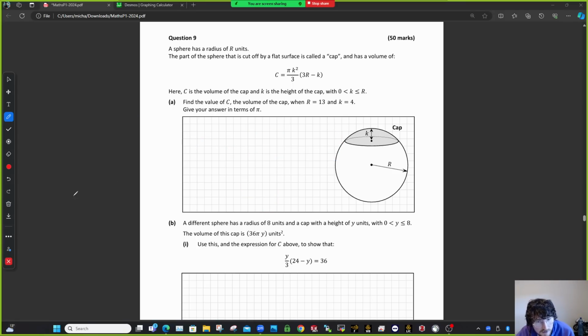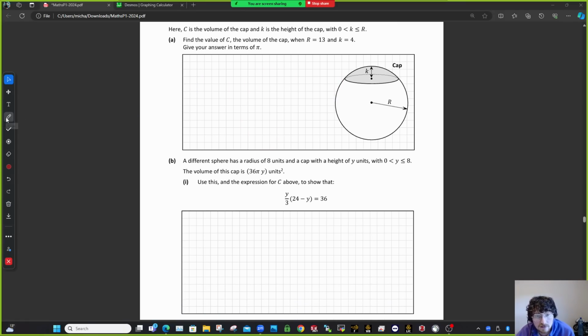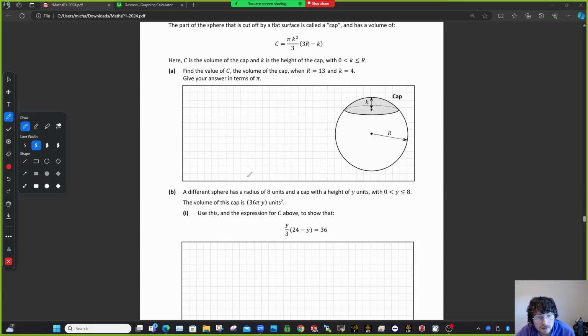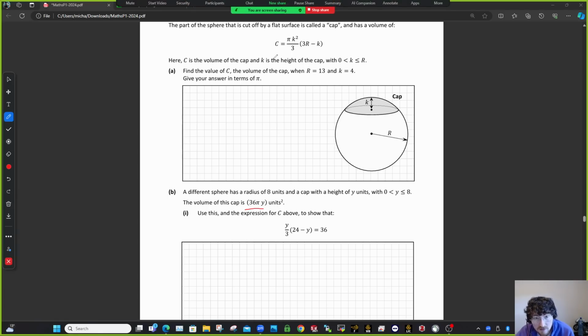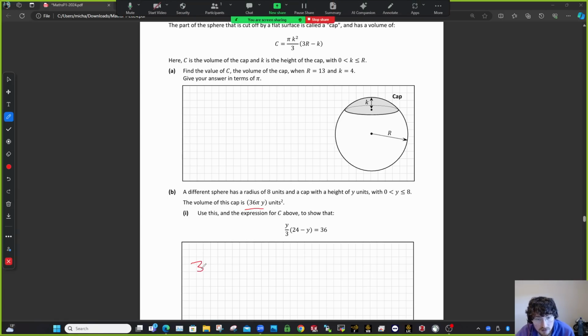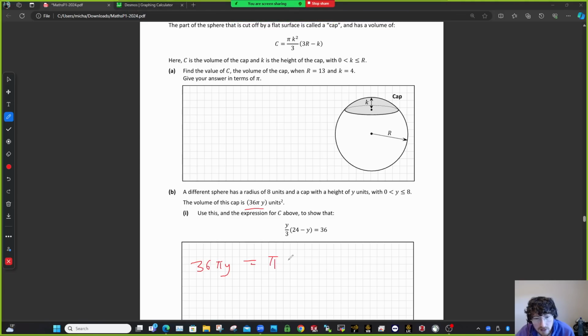There's a different shape then, and instead of k being 4, now it's y, and the radius is 8. So you just sub into that formula up there, and you replace c with the volume given. So it's 36 pi equals pi y squared over 3 bracket 3 times 8, because r is 8 now, minus y.